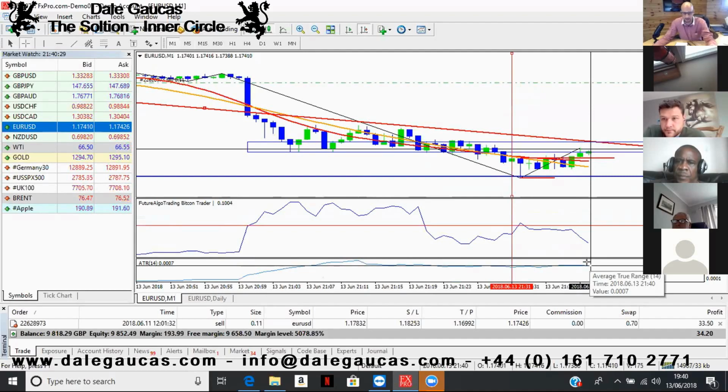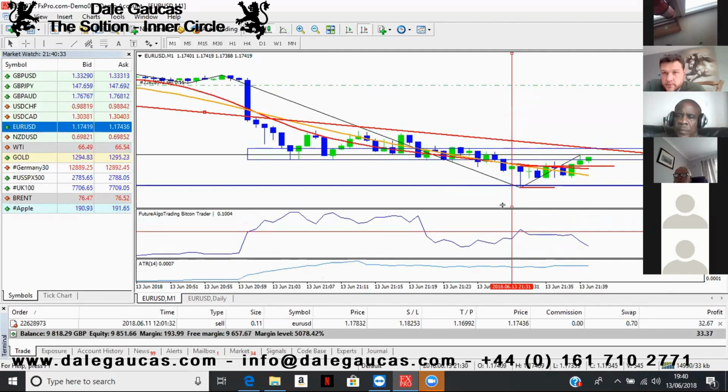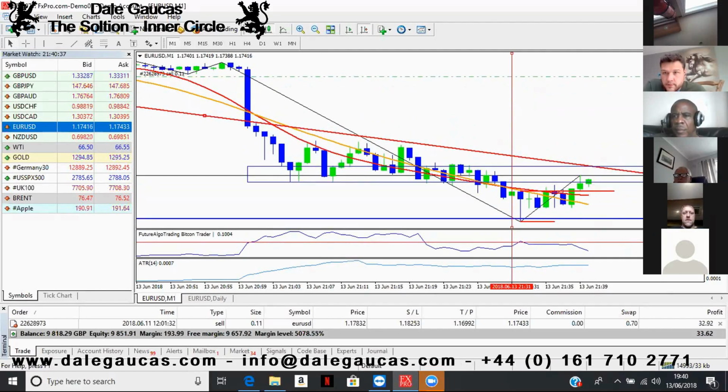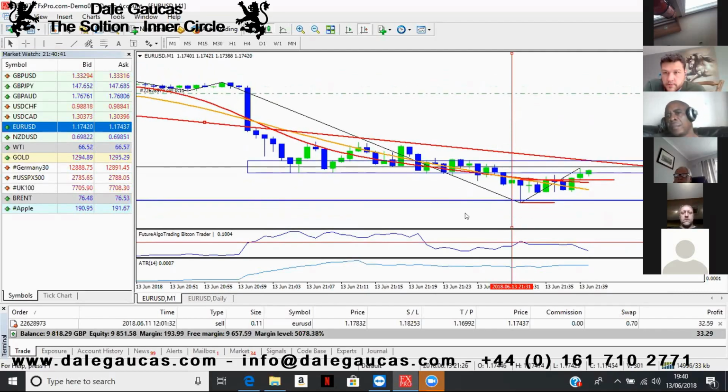That means 7 pips. So instead of, squeeze them down, double click, instead of there being a 9.8 stop loss, go 2.5 as the average true range.